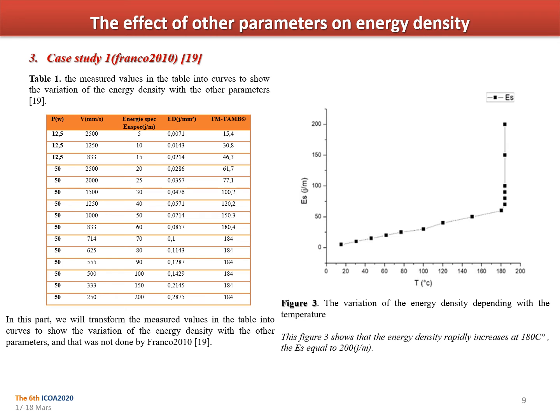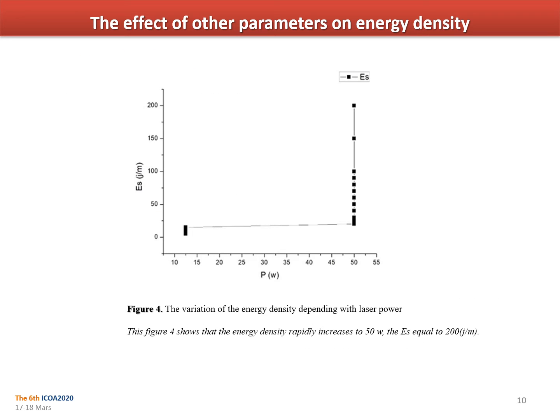In figure 3, we have the variation of the energy density depending on the temperature, and this figure shows that the energy density rapidly increases at 180 degrees Celsius and an energy specific equal to 200 joules per meter.